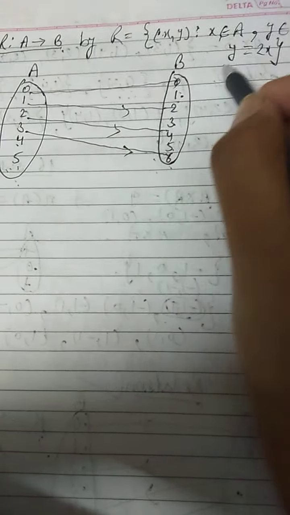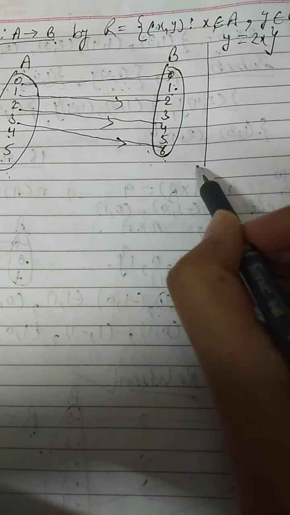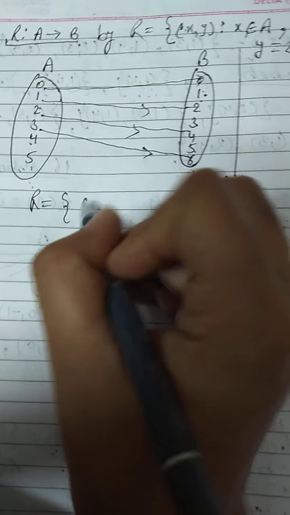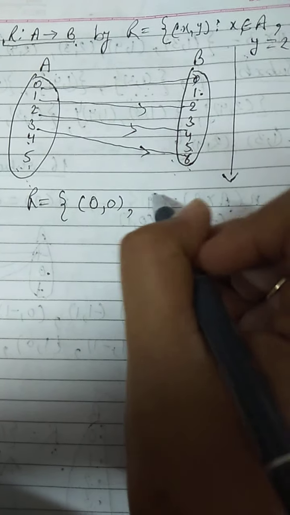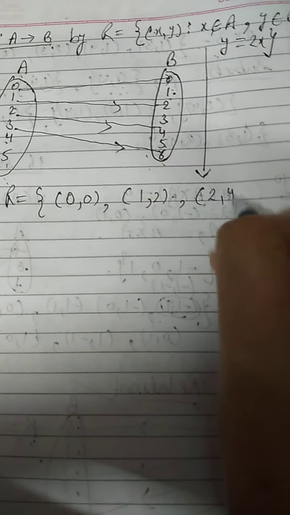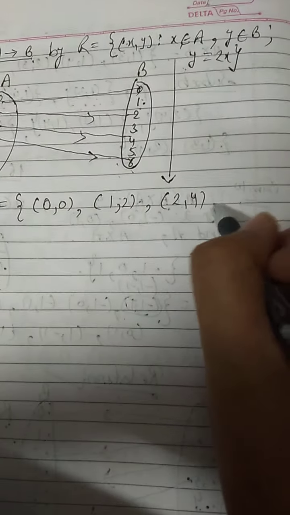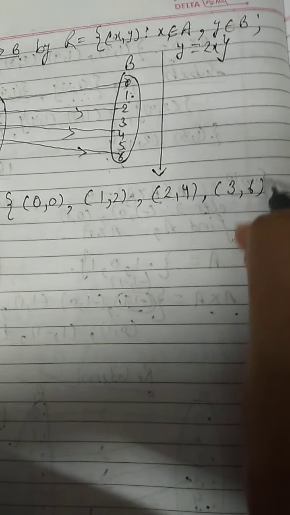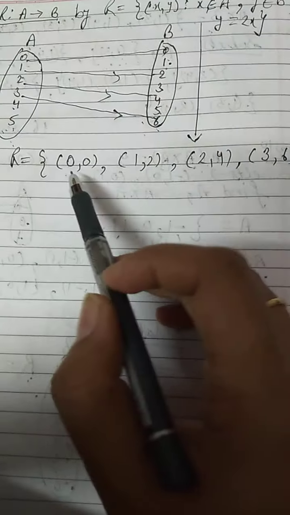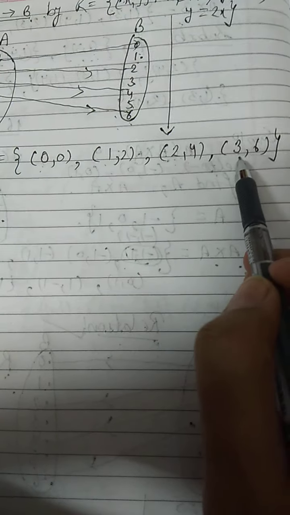Now if I write down this relation in the roster form, what will that be? (0, 0), (1, 2), (2, 4) and (3, 6). Now look at these ordered pairs of the relation R: 0, 1, 2 and 3.